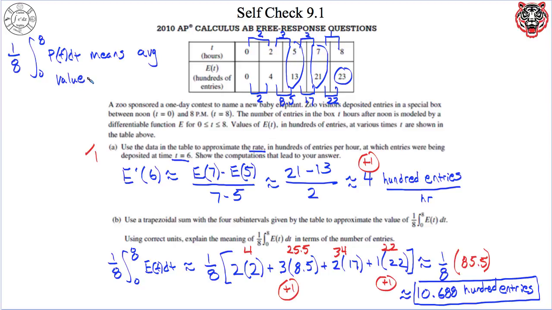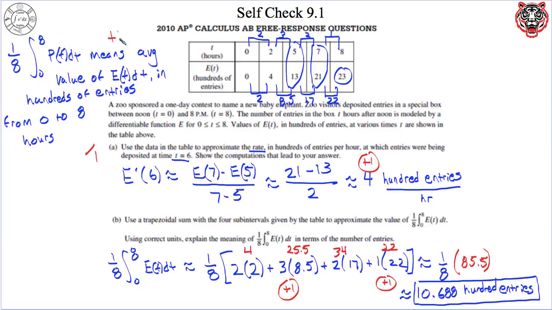It's the average value of this function, the average value of capital E of t dt, and our units are in hundreds of entries, from 0 to 8 hours. Okay, now I get full points by having that explanation, so sorry about that.